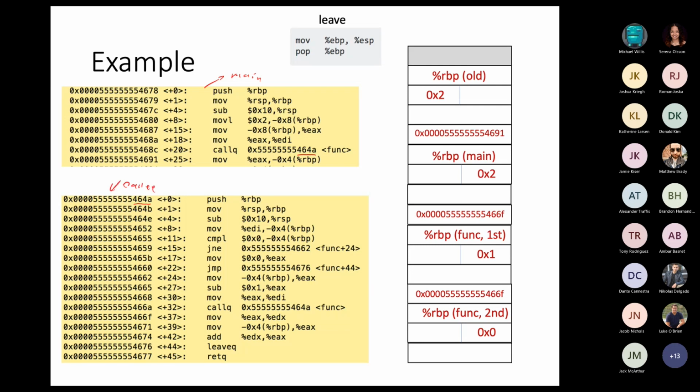There is a callee function. And when we make the function call, we push the address of the next instruction, 4691. This should be the return address on the stack. So here is the return address. Are there any questions?